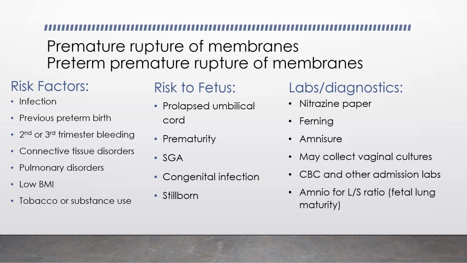Your risks to the fetus are prolapsed umbilical cord, prematurity, small for gestational age, could be a congenital infection, and stillborn. Labs and diagnostics, we talked about nitrazine paper in one of the first lectures, ferning, Amnisure. Also, the provider may want to collect vaginal cultures, and then also a CBC and other admission labs to see if there's any infection brewing.